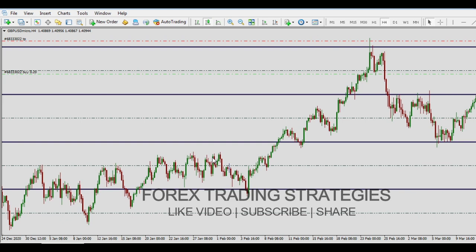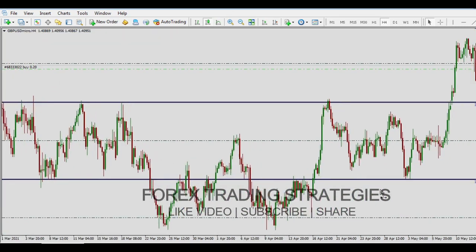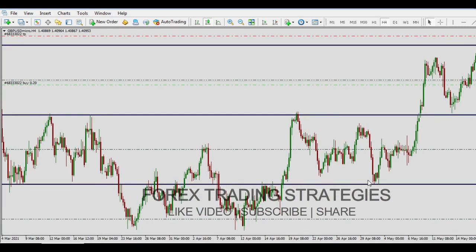Now tell me it's by coincidence that price comes and turns at these major levels. Tell me it's coincidence, that it's random chance. It's not.